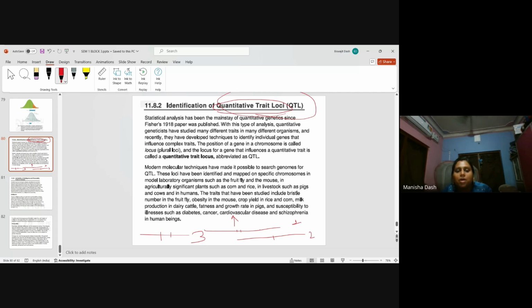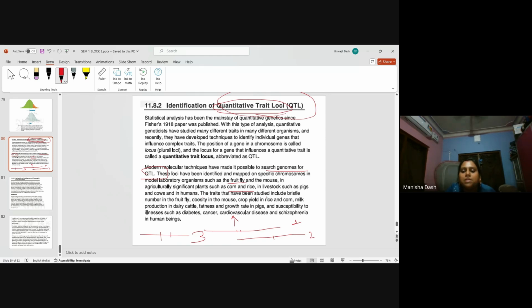There are modern molecular techniques that have made it possible to search the genomes for QTL. These loci have been identified and mapped on specific chromosomes in model laboratory organisms such as the fruit fly and the mouse, in agriculturally significant plants such as corn and rice, and in livestock like pigs and cows, and also in humans.